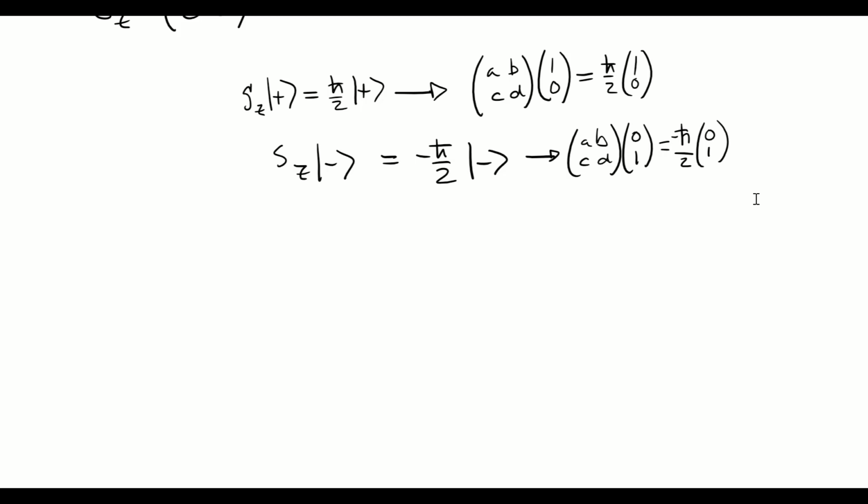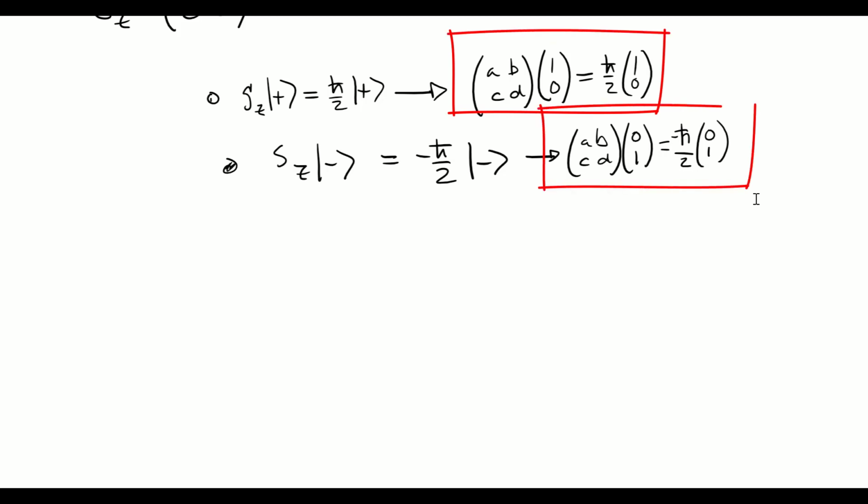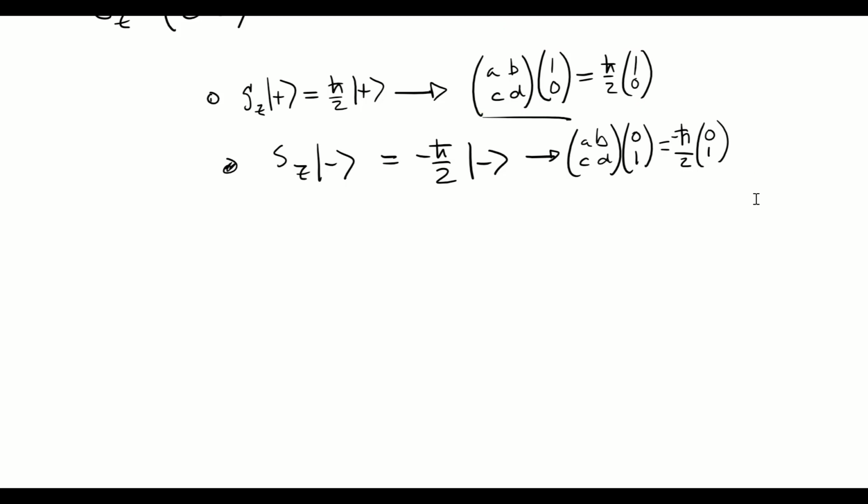Now, this is actually enough information that we can solve for what our matrix representation is. Both of these two equations can be used to solve for A, B, C, and D. In the first equation here, just do the matrix algebra. You get A is equal to ħ/2, and C is 0, so we'll write out the full result of that: ħ/2 over 0.